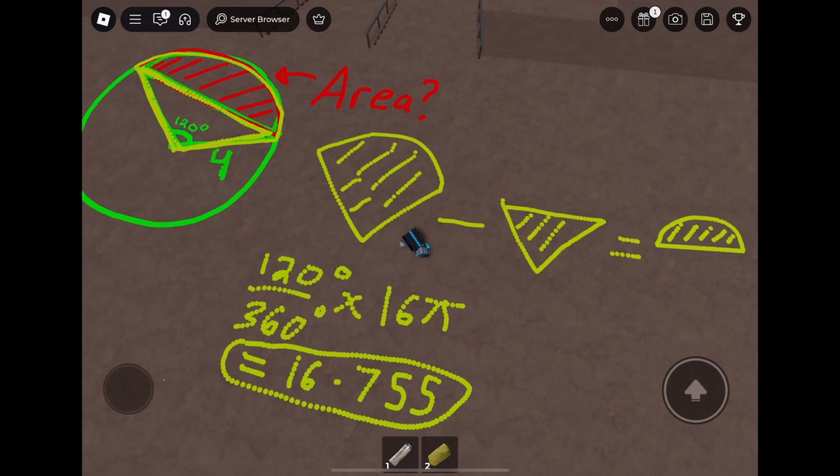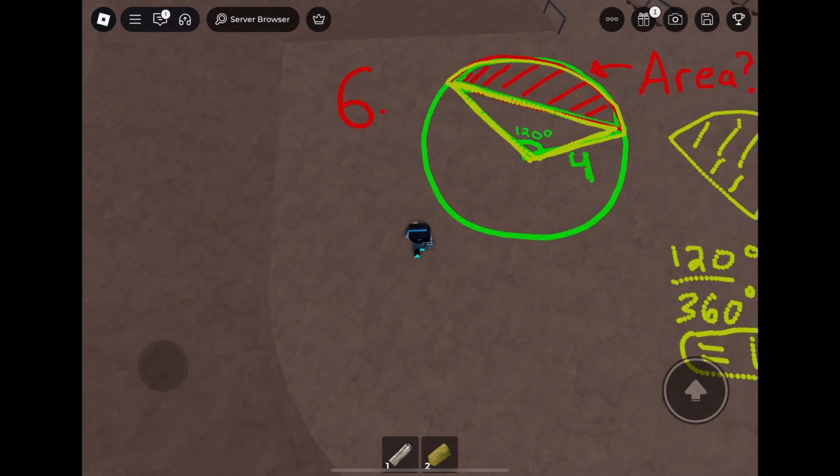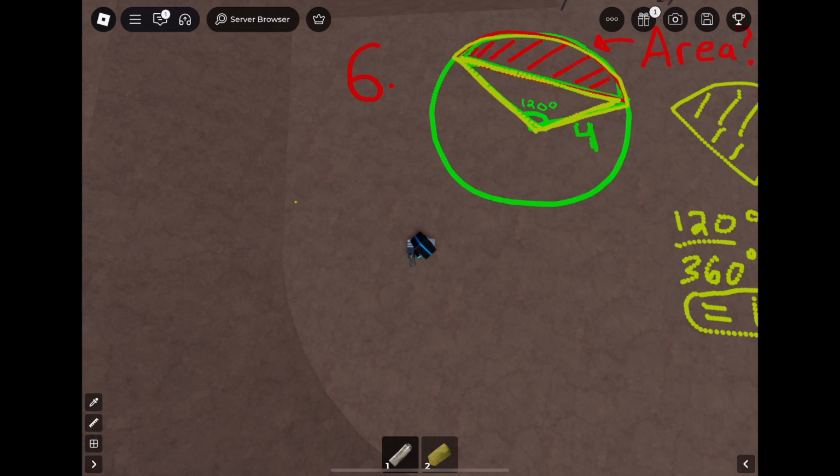So what I'm going to do is draw this triangle in this space here. So what do we know? We have a triangle. We know that if this is 4, that other side is just the radius of the circle, so it's also 4. And we know this angle is 120 degrees. How in the world can you find the area of this triangle? What I'm going to do is cut this triangle in half down the middle.